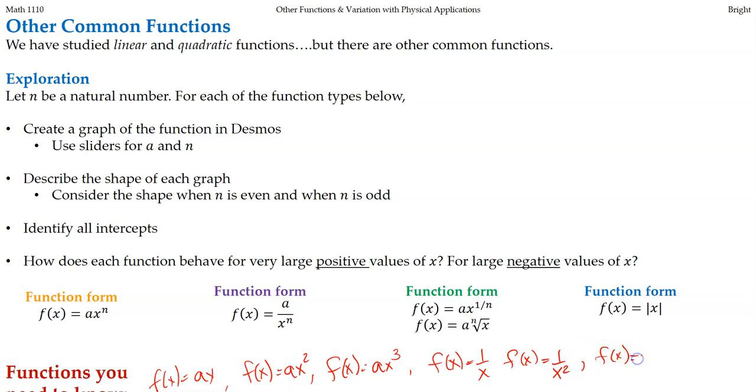Then you need to know your square root function. It doesn't hurt, and I'm going to make this one optional, to know the cube root function. And you also need to know the absolute value function. So that list, you absolutely need to know what they look like and be able to work with them. That's going to conclude this video, and in the next video we'll look at another class of functions.